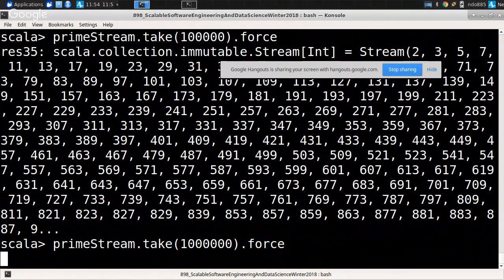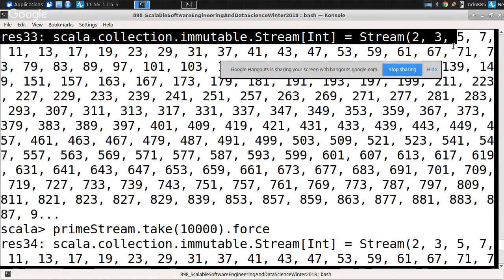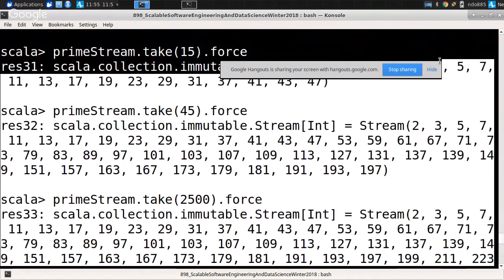Casual observation would suggest it's more than 100 milliseconds. It's recursing down and filtering and so on. The interesting thing is there's no function in that definition, right?